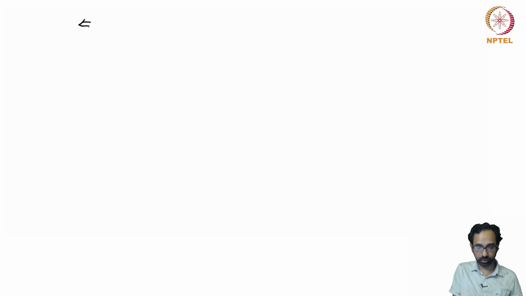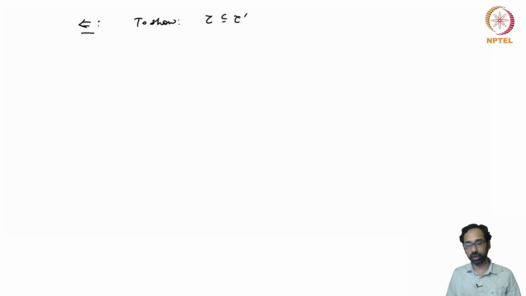Okay, so we know that for each point x there exists a basis element that contains it in B, and then there exists a basis element in B prime which is a subset of that basis element B. And now we have to show that tau is coarser than tau prime.